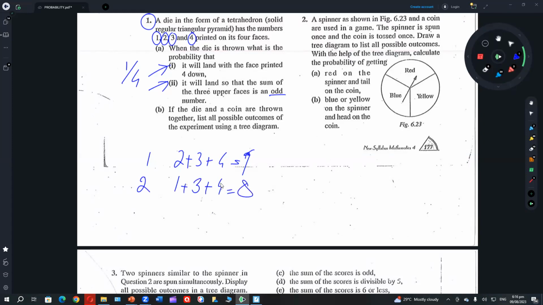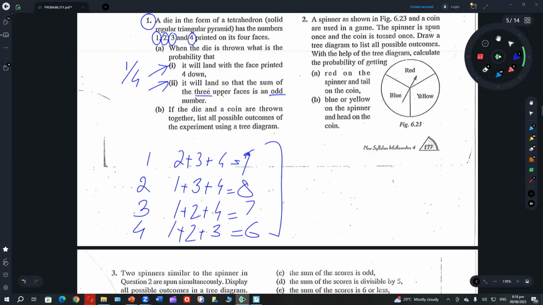It's 8. If it lands on 3, other numbers are 1, 2, and 4. Total is 7. If it lands on 4, so how many outcomes in total? 2 out of 4, because it's 2 odd. Good. So you have got the idea.